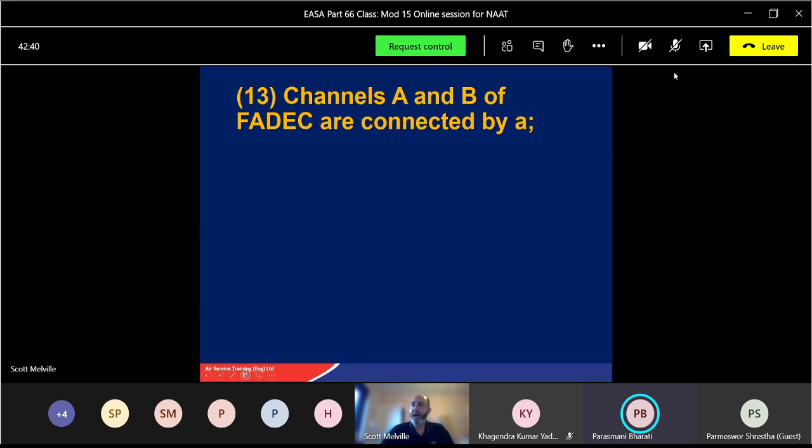13. Channels A and B of our FADEC are connected by what? What connects channel A and B on an engine? 4 letters.